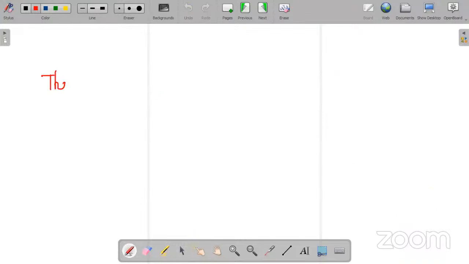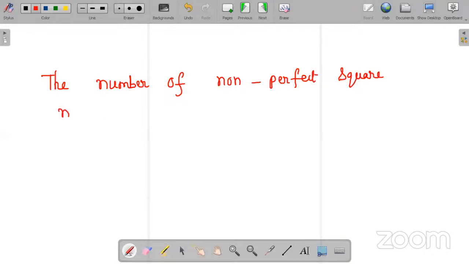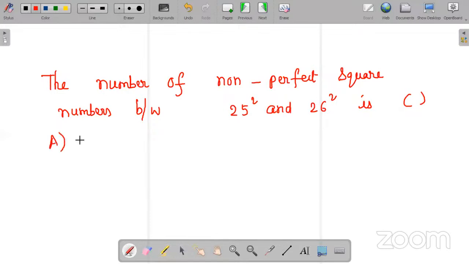So the number of non-perfect square numbers between 25 square and 26 square is: first option 26, second option 52, third option 49, fourth option 50.